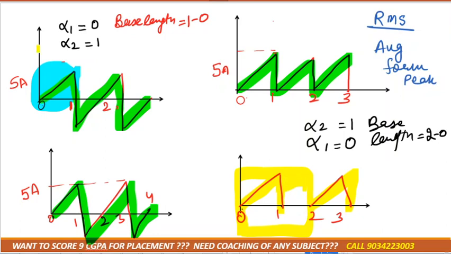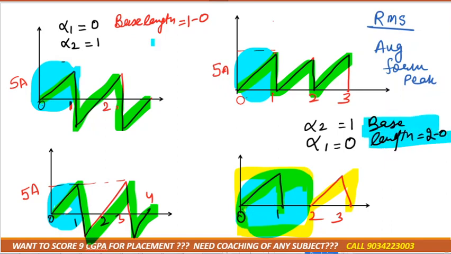In the symmetrical case we take the output of the first one because it's the same. But in this case we take the output of the complete waveform. That's why its base length is 2 minus 0. So this value may vary from question to question.